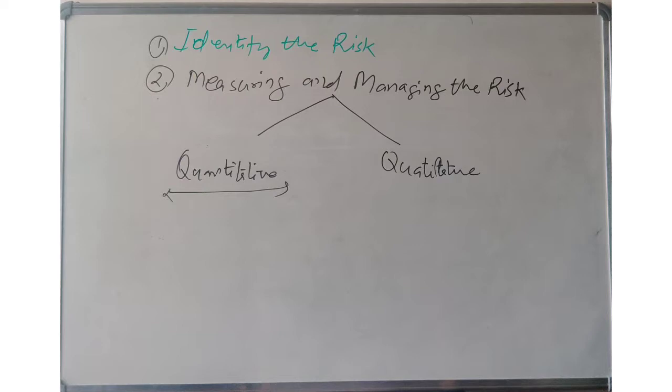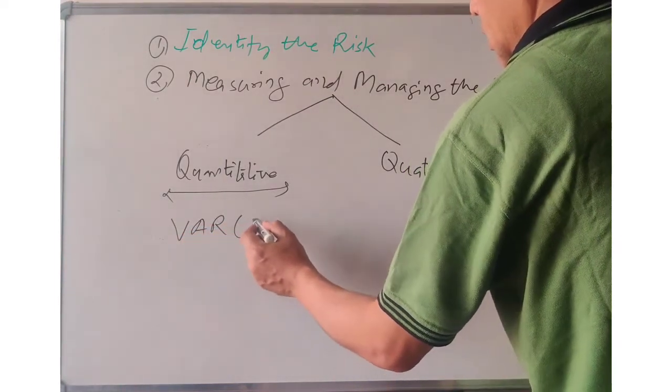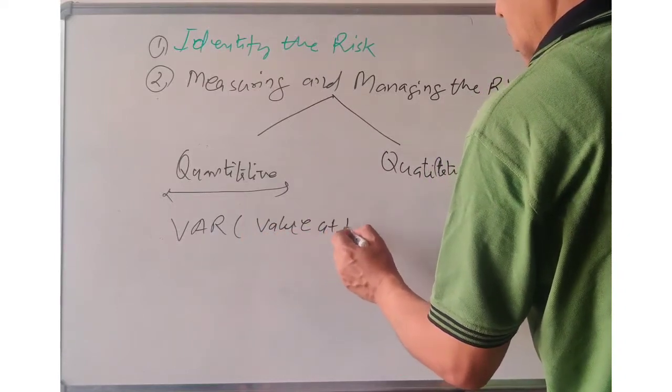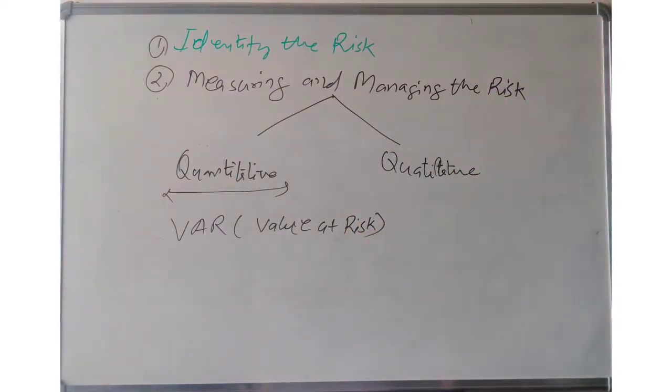The most commonly used quantitative approach in the financial industry is VAR, that is value at risk. Value at risk is the measure where we can get a ballpark figure, with a certain probability or surety, of the maximum loss for a time horizon.